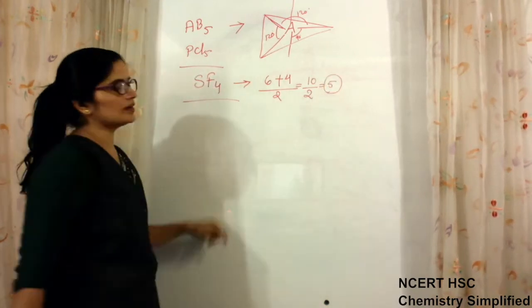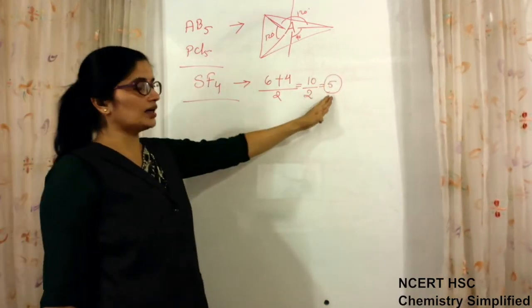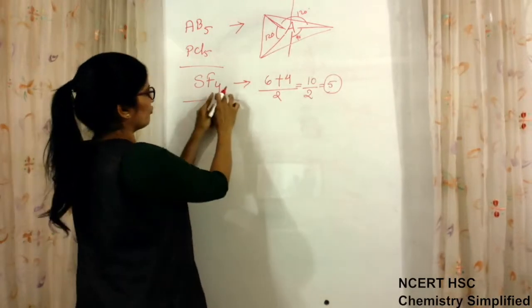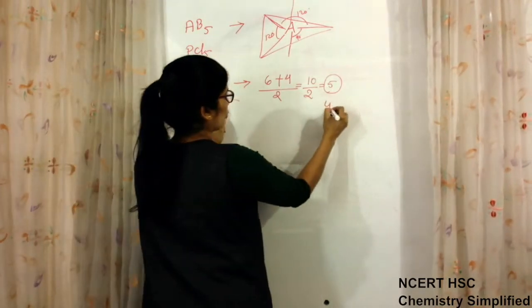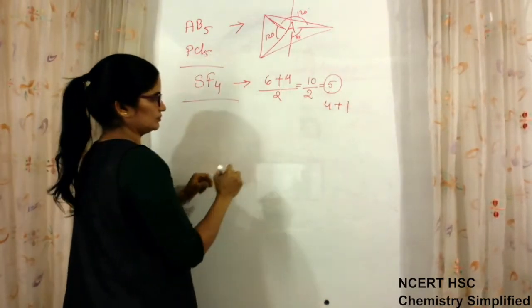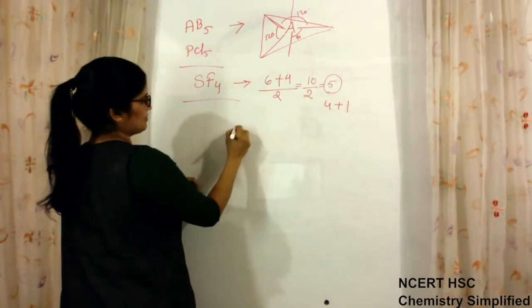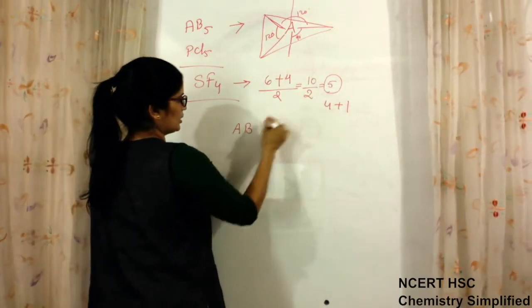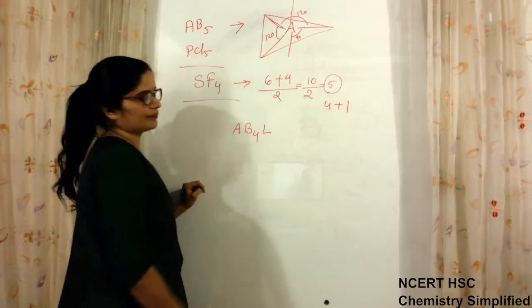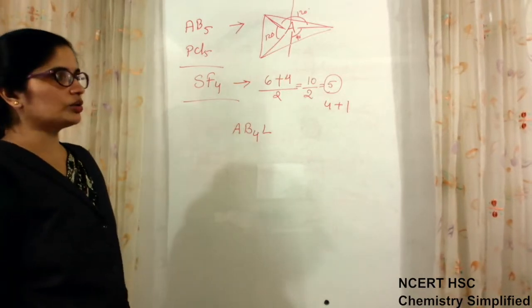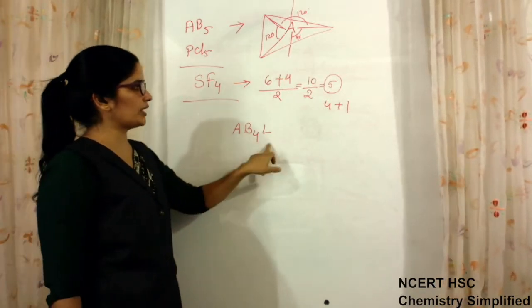Number of pairs obtained are 5. 4 are the side atoms, so 4 plus 1 total is 5. That means AB4L. So the type of molecule, now you understood it is AB4L.